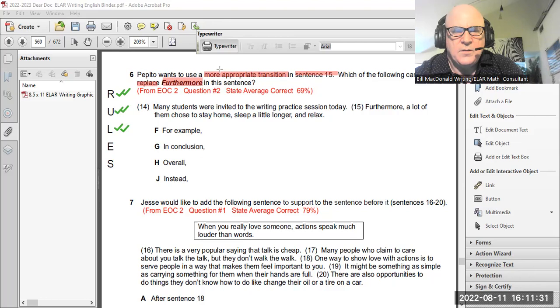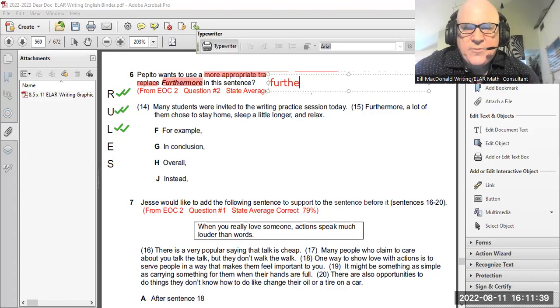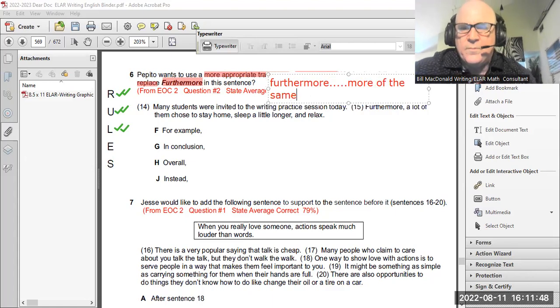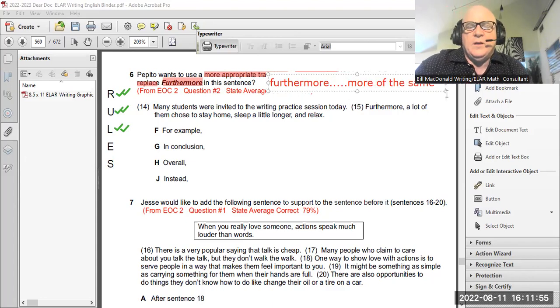So your kids have to practice enough transition words and phrases so that they know that as soon as they see a word like furthermore, basically it means more of the same. Okay, so that would be something that you would be having to teach your kids little by little throughout the year when you're talking about spelling slash vocabulary slash transition words and phrases.